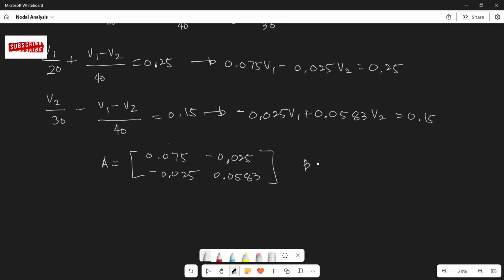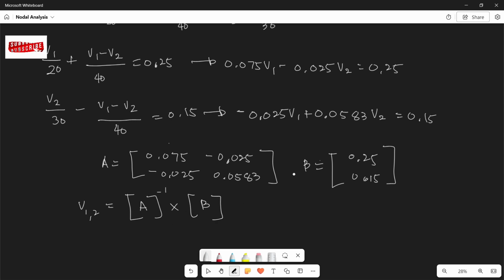Matrix B, which is a 2x1 matrix, consists of the two values 0.25 and 0.15. So now these are the two matrices. The values of the voltages V1 and V2 are equal to the inverse of matrix A times matrix B.